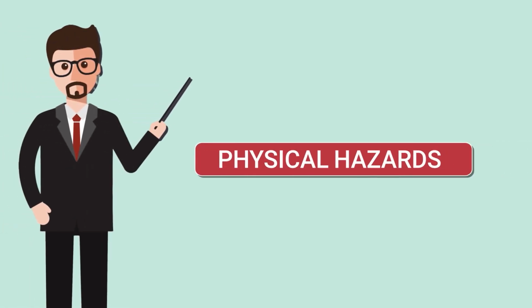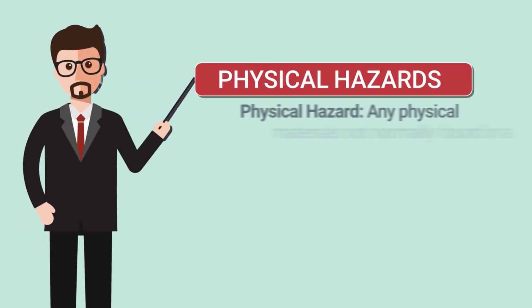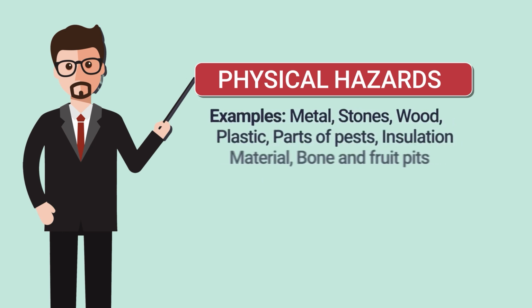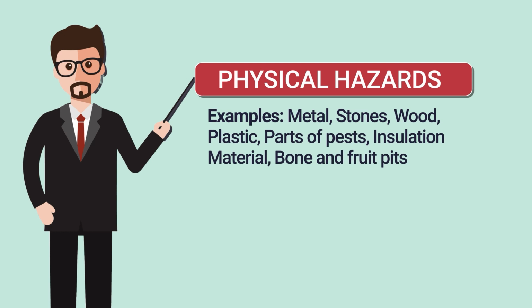Now, physical hazards, as the name indicates, are physical materials which are not normally found in food, and which, when present, may cause illness or injury to the individual. For example, metal pieces, stones, and wood. They are foreign matter present because of the production or processing, or because precautions have not been taken.